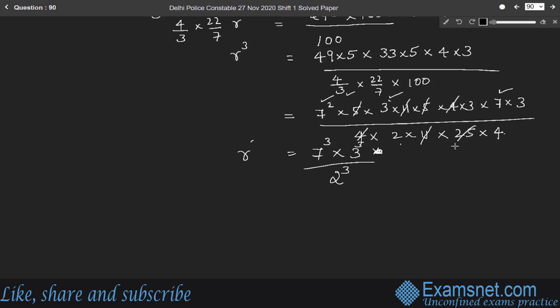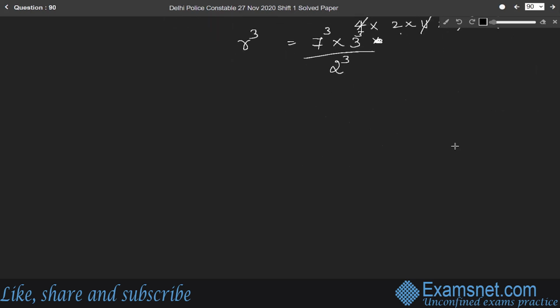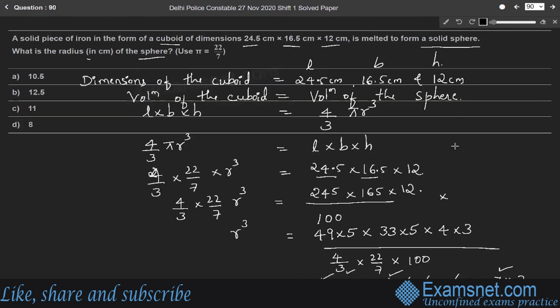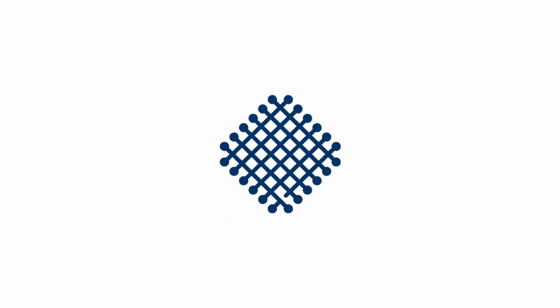R cube is 7 cube into 3 cube divided by 2 cube. Therefore, r is 7 into 3 divided by 2, which is equal to 21 by 2, which is 10.5 centimeter. Therefore, the radius of the sphere is 10.5 centimeter. Hence, option A.